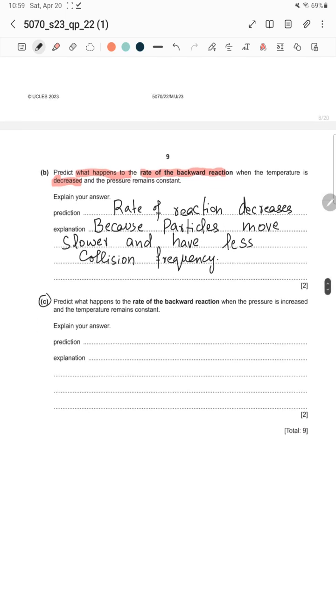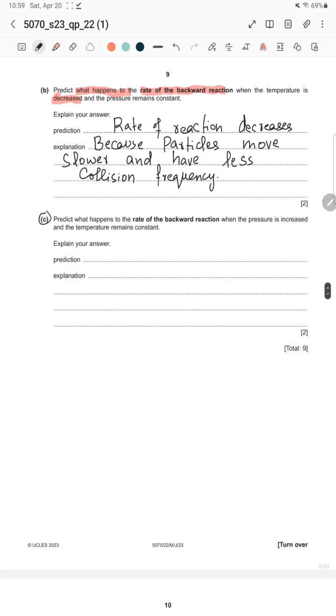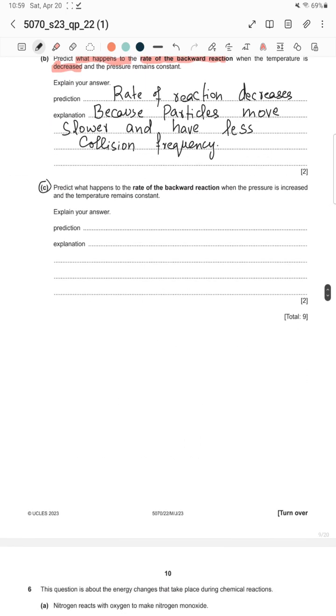Part C is rate of backward reaction when pressure is increased. Now as the pressure is increased, more particles will be available per unit volume. There will be more effective collisions. Collision frequency will increase, hence rate of reaction will increase.